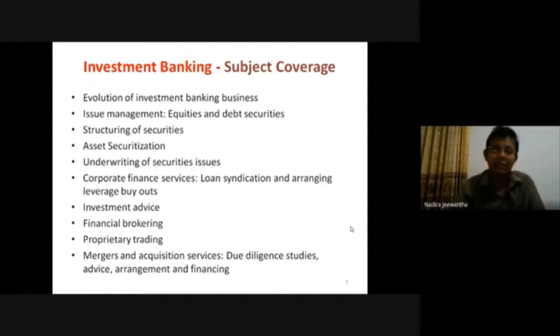Dirty price, clean price, accrued interest, remember? Dirty price minus clean price is the accrued interest. Accrued interest is what? From the last coupon date to the settlement date. Who is the owner? Who has the right to claim it? The seller. But it is embedded in the selling price.